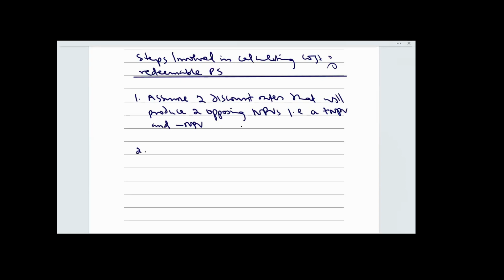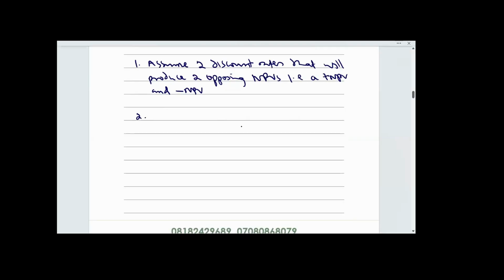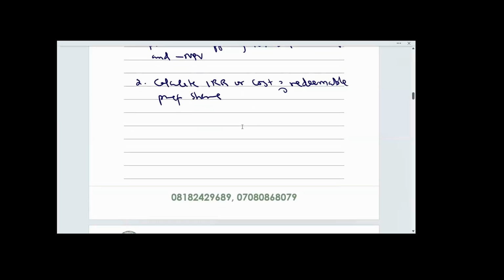Then step two, calculate internal rate of return using the formula below. The internal rate of return is the same thing as cost of redeemable preference share. Let me write this. Calculate internal rate of return or cost of redeemable preference share, using the formula below.